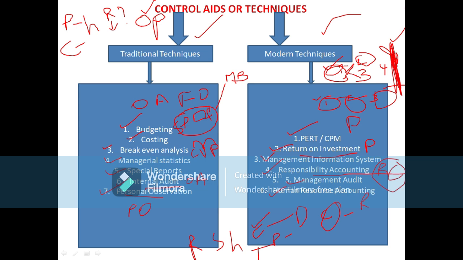Why? Because we are incurring expenditure on recruiting, selecting, hiring, training and developing the human assets. So under this technique, an attempt is made to measure the value of human resources. So this is about the control aids or techniques of controlling. In the next class, we will learn about project evaluation review technique and critical path method.